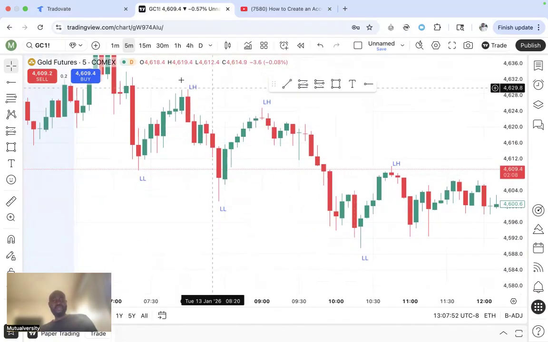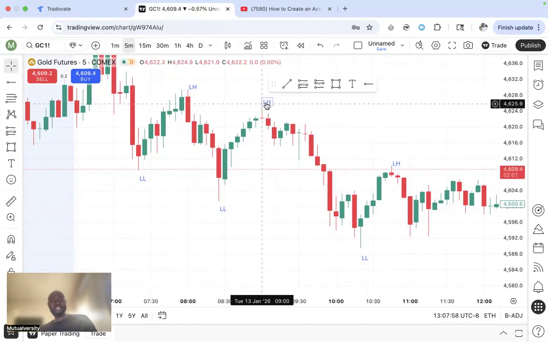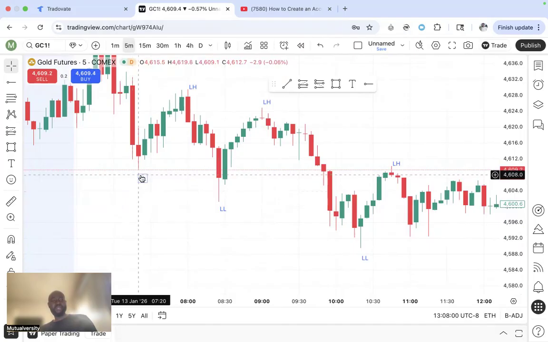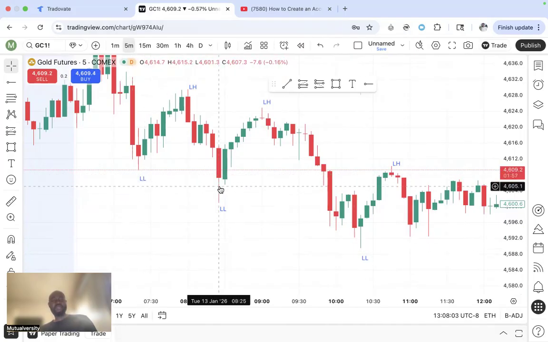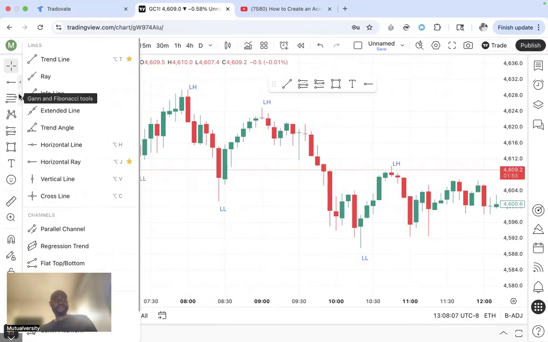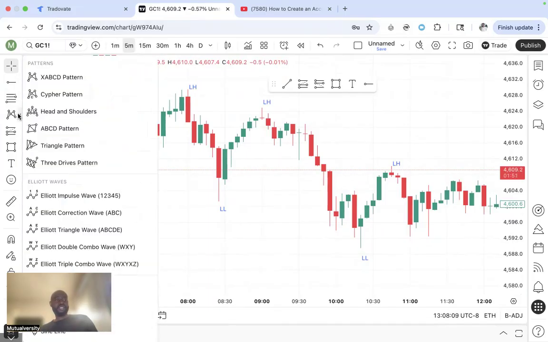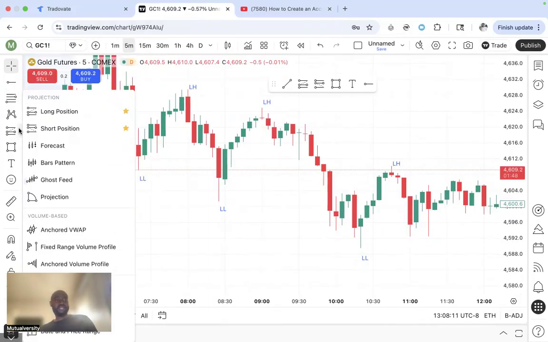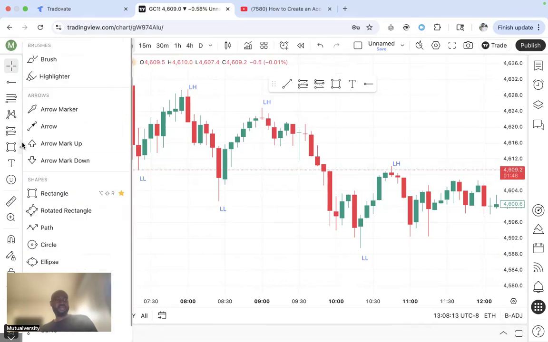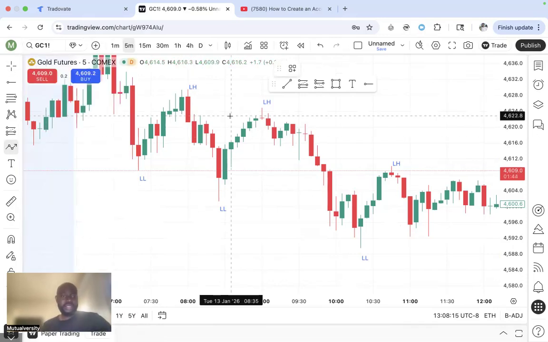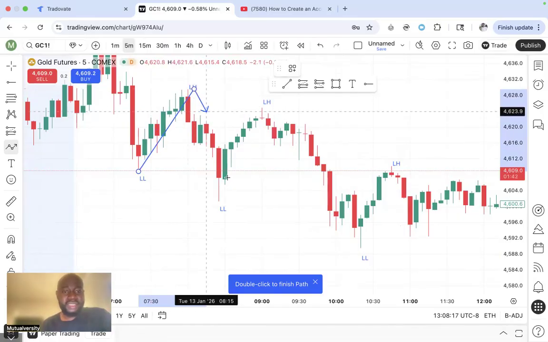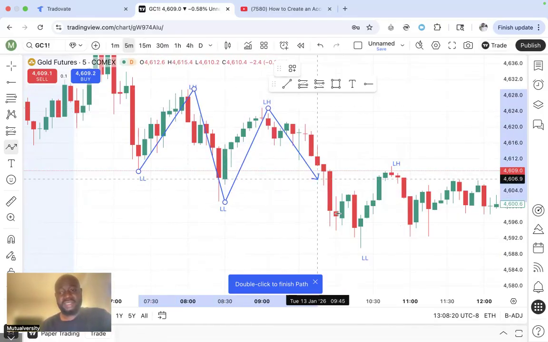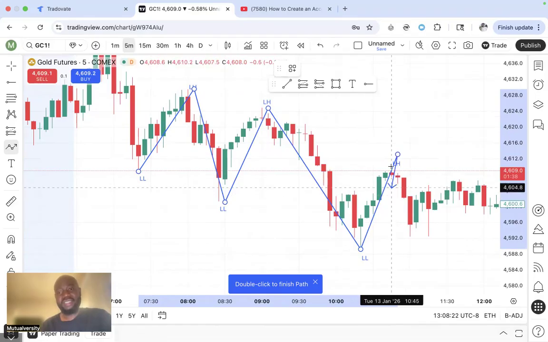So in a downtrend, we only look for lower lows and lower highs. This is lower than the previous high. This is lower than the previous high. This is lower than the previous low. This is lower than the previous low. We're looking for the zigzag pattern to show us that downtrend.